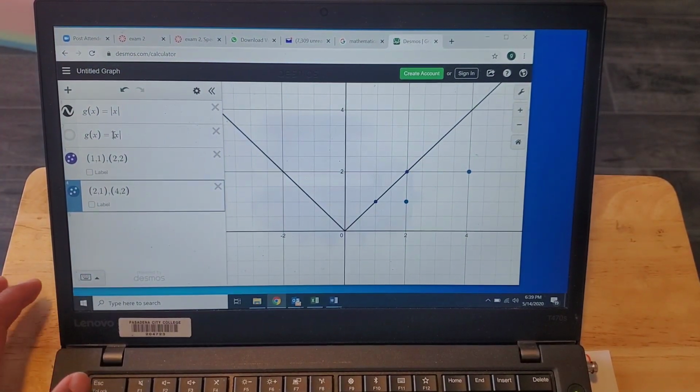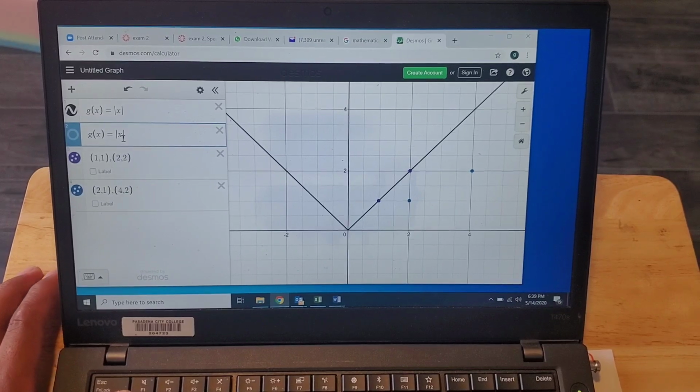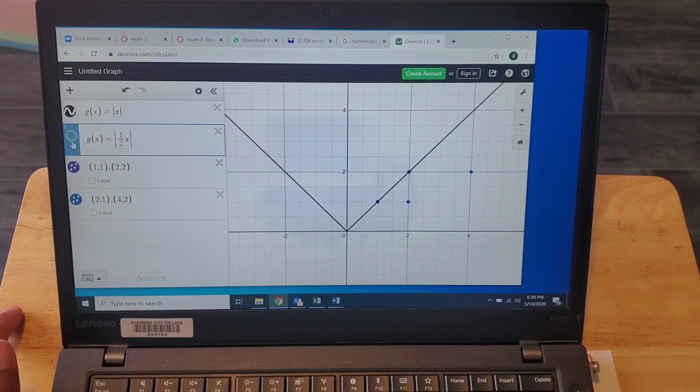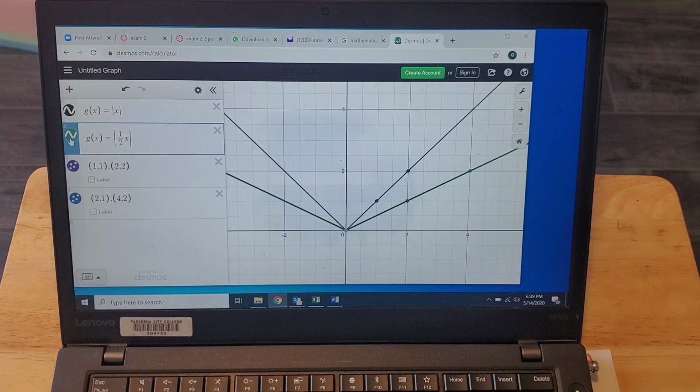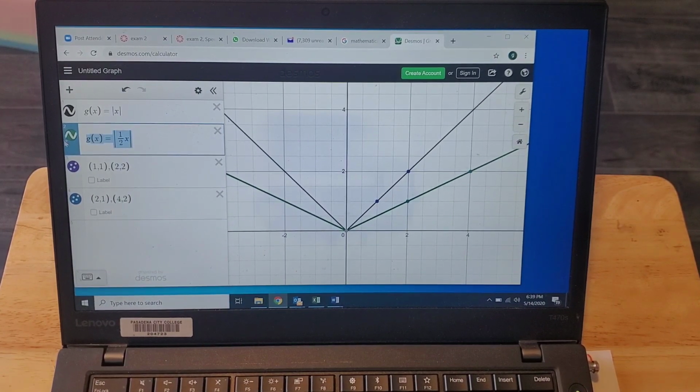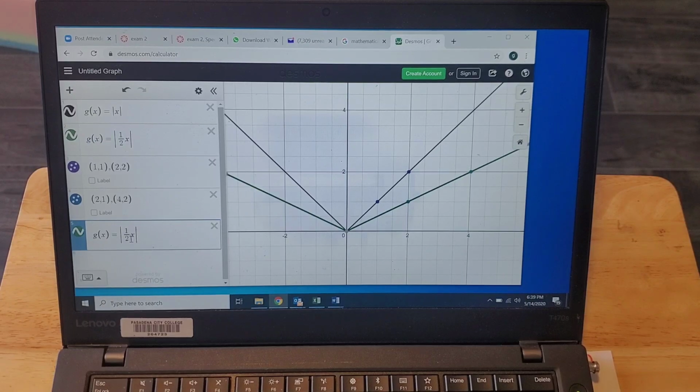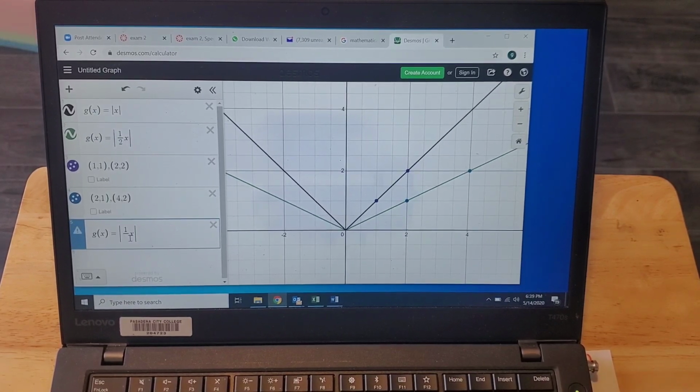So it's going to take the V and open it up more. So let me put the 1/2 here. And when I turn the viewing on, you're going to see that it gets stretched open. So the same thing on this side. It's just going to look like it's stretching more, the closer that number gets to 0 in between 0 and 1. So let's say 1/10.